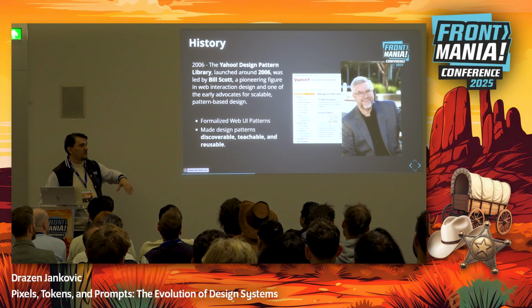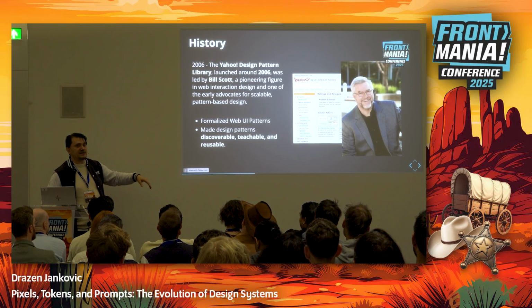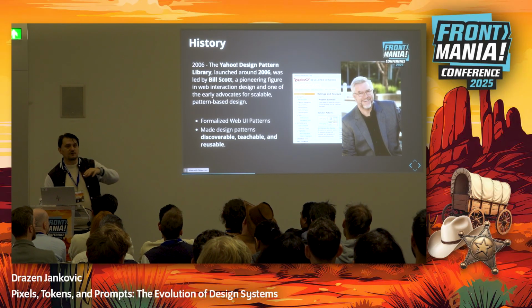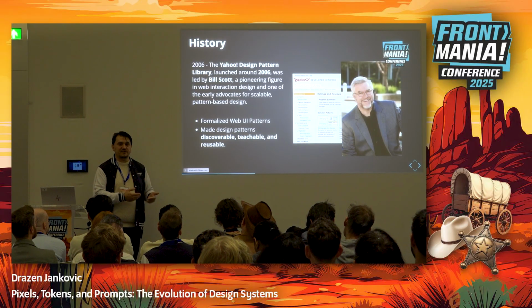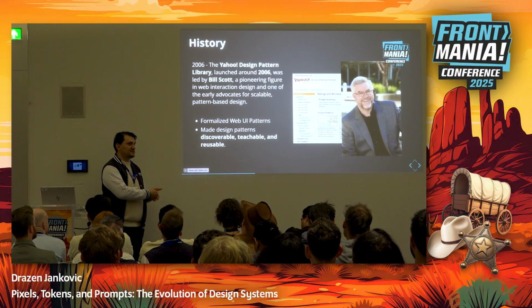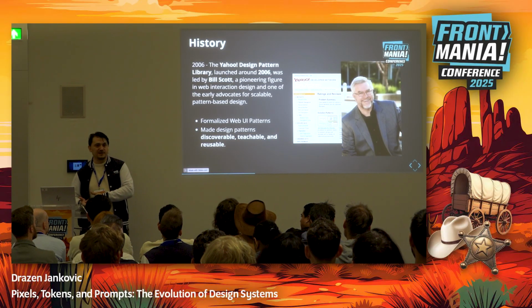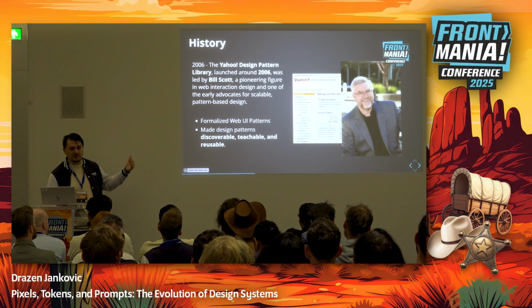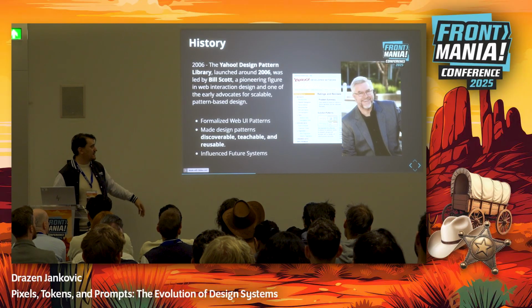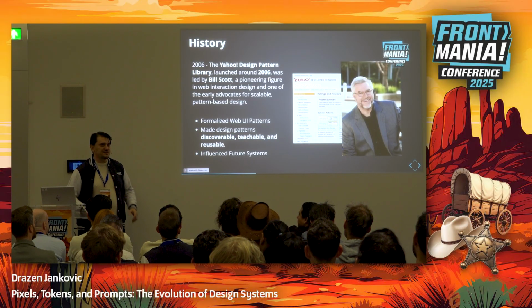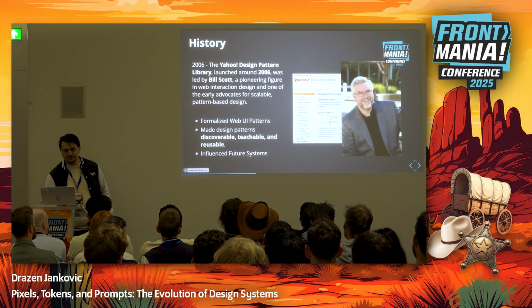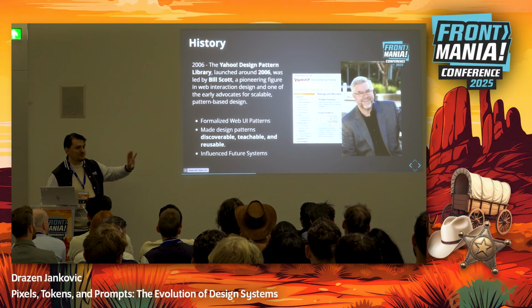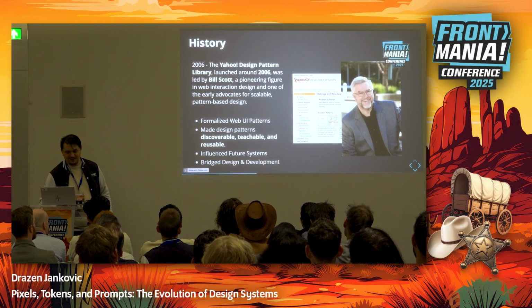Everybody in Yahoo, no matter whether you were working on Yahoo Finance, Yahoo Travel, or whatever, you could go into the developer network, find the information you need, and design the site in the same way that other teams have done. So this was one of the big first steps in influencing the future systems for how you do documentation, how you share, how you go further. And again, this guy's resume is amazing.